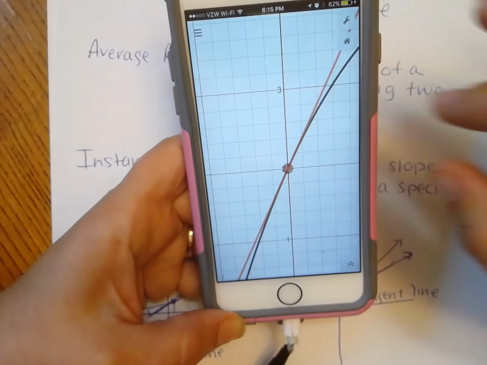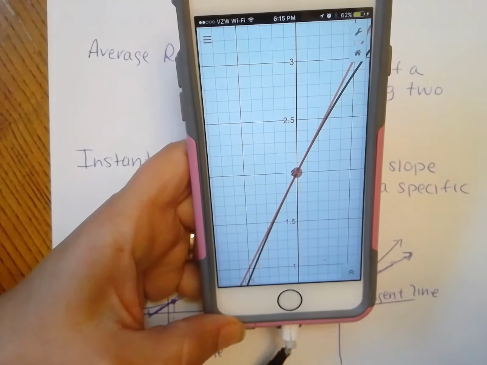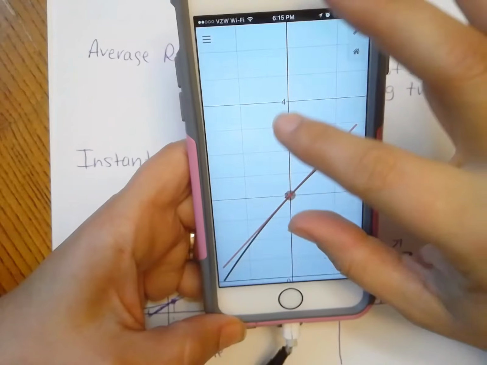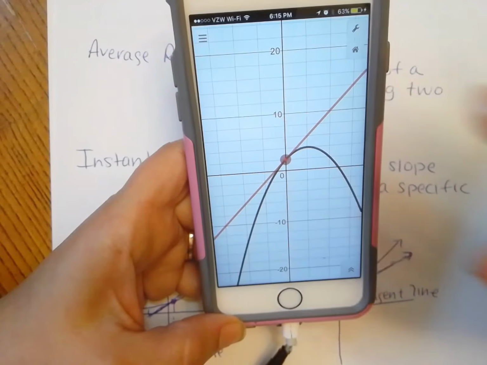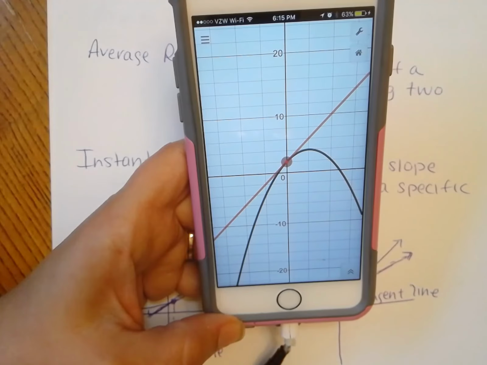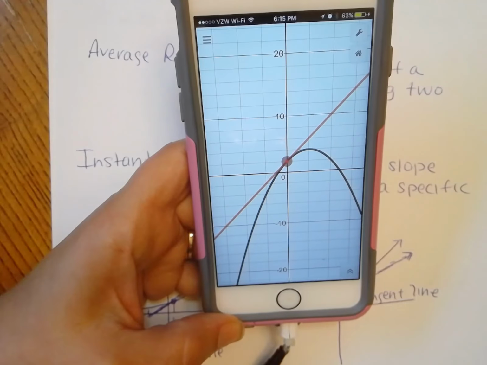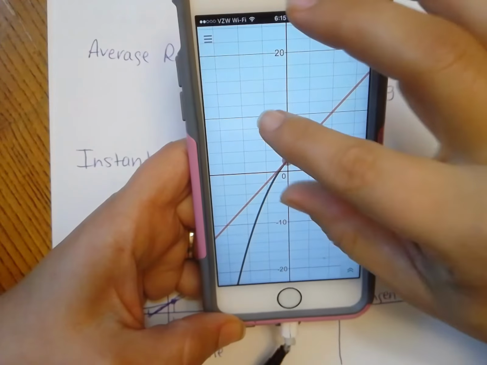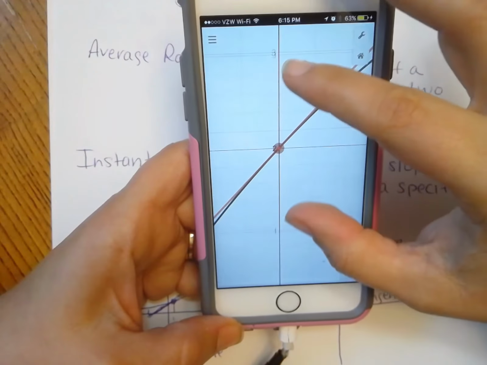But you can see that when I zoom in here at 2, this isn't touching my graph any other place. Let me get it so that you can see it a little bit better. It's just touching the graph in that one spot. It's tangent to my curve at x equals 0. And when I zoom in really far, I really can't tell.